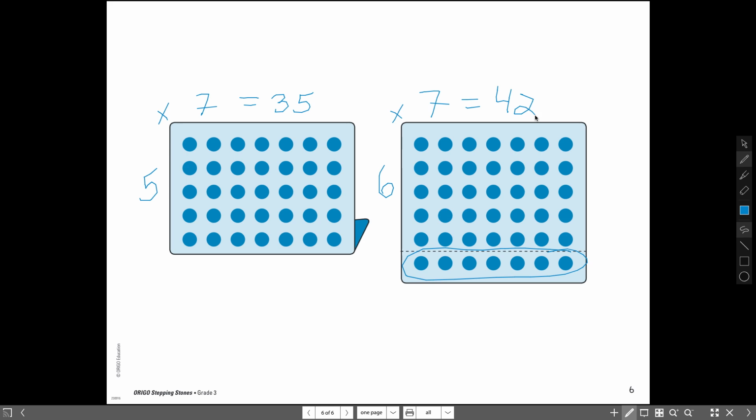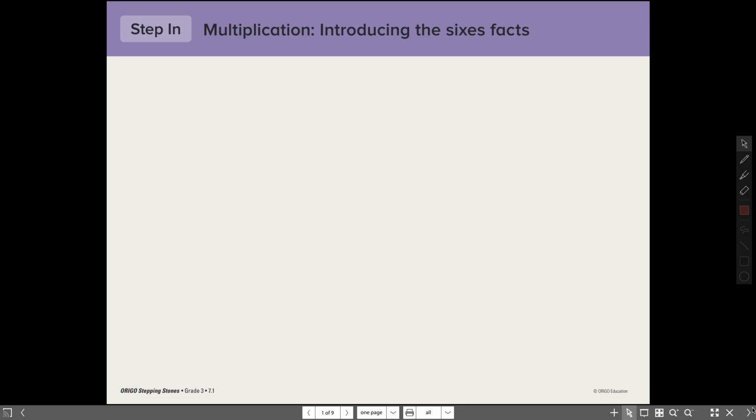If 5 times 4 is 20, to do 6 times 4, you just add 4. That's 20 plus 4. 24. So if you can't remember your 6 facts, do the number times 5 and then add the number one more time, because multiplying is what? Fast adding.